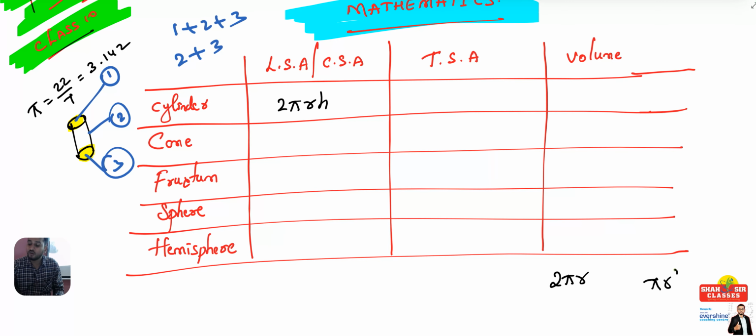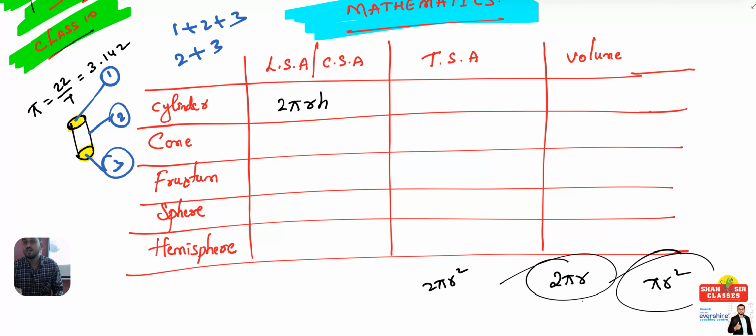Is it pi r square? Or is it 2 pi r square? This is the basics. Circumference of a circle is 2 pi r. Area of a circle? Pi r square.